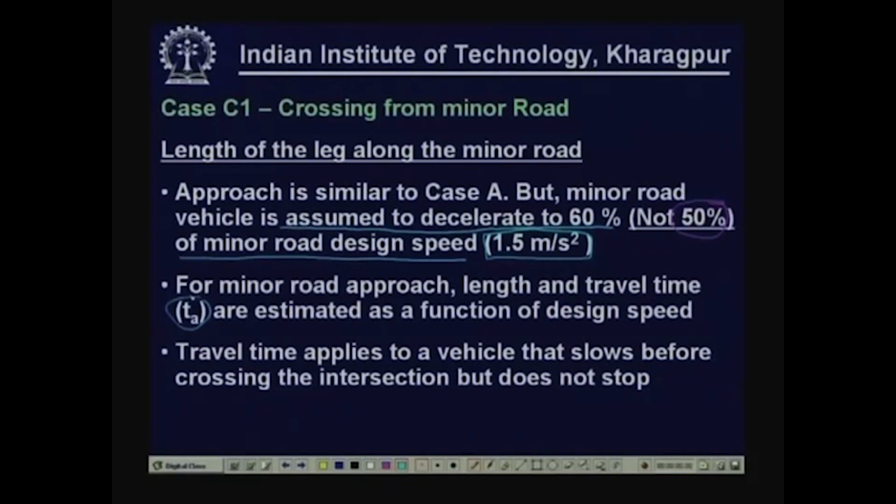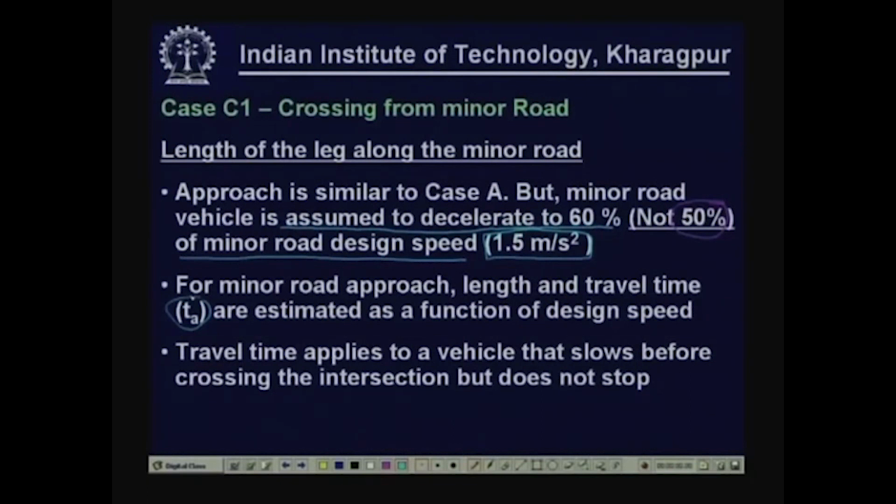Let us again refer to case A. In case A, or intersections with no control, values for distance were recommended by AASHTO for different design speeds, because the assumption is that vehicles decelerate to 50% or 60% of the minor road design speed. So, obviously, the required side distance is a function of the approach speed.